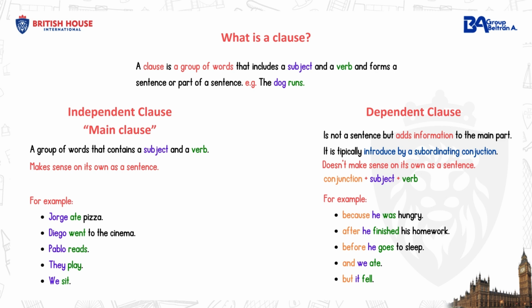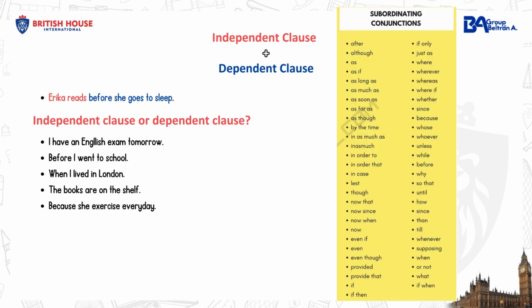Normally they are introduced by a subordinating conjunction. What is that? Well, here you have a list: after, although, as if, even if, even though, if, because, which we looked at in the last video.